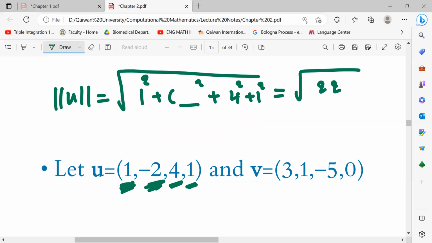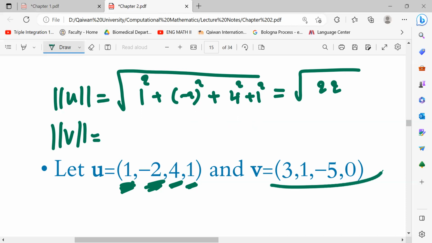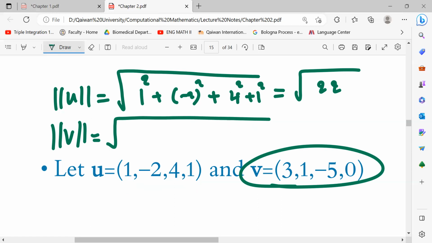How about the length of v? What's the length of v? It is equal to what? We just square these all in a square root. 3 squared plus 1 squared plus -5 squared plus 0 squared.